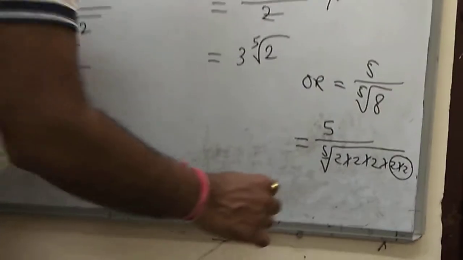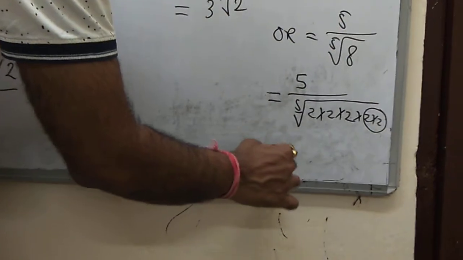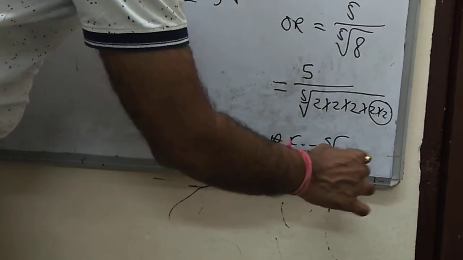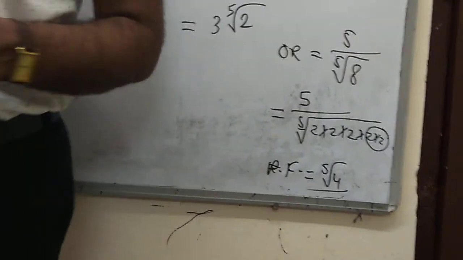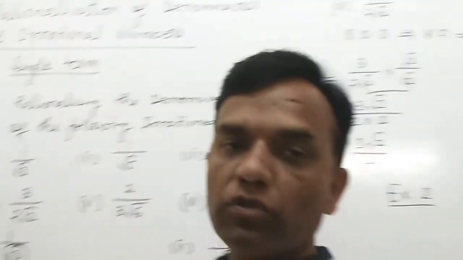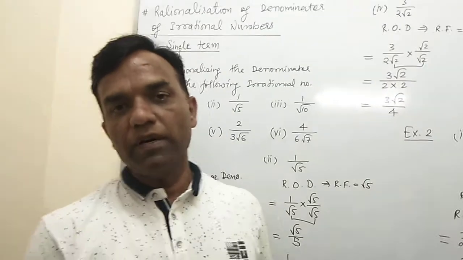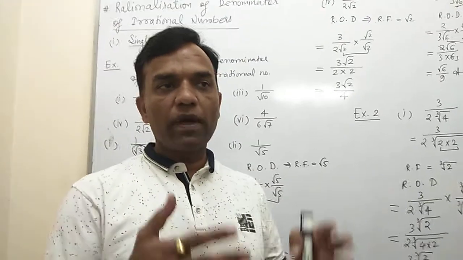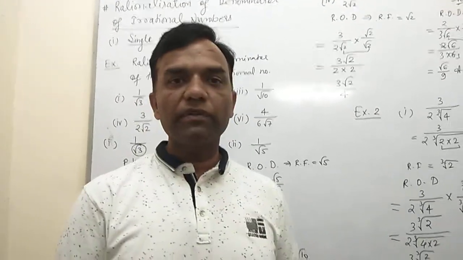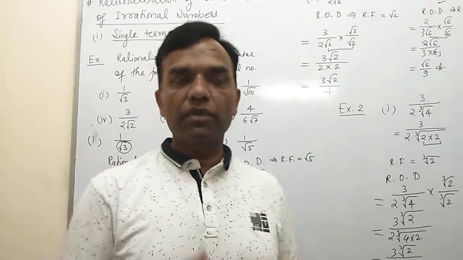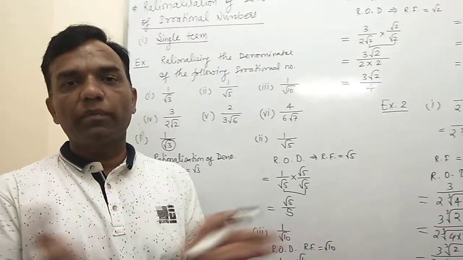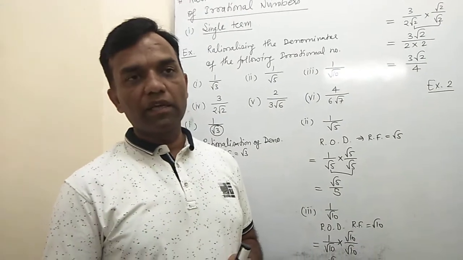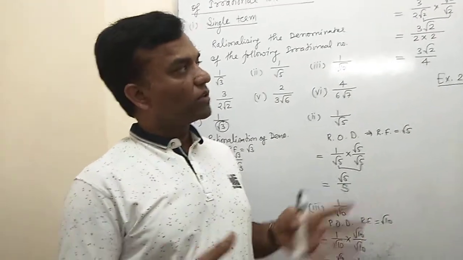So this is the requirement, and you write down for RF is what? Fifth root of 4 is required. So rationalizing factor is fifth root of 4. So depend on its power. First you factorize, first you find out the need, first you find out the requirement of your irrational numbers, which type of numbers you require, and then your irrational number convert into the rational, and then you do the rationalization in the given question, and then you find out the solutions.